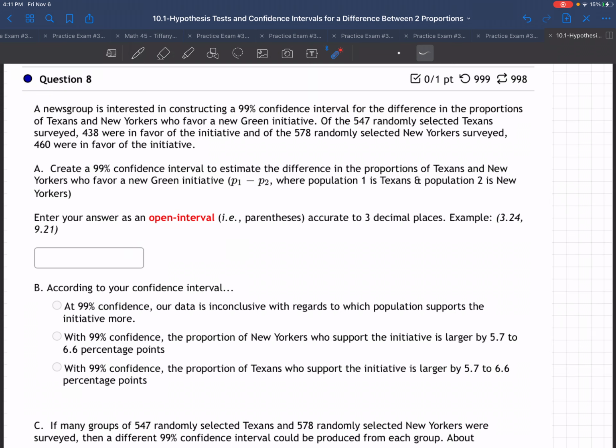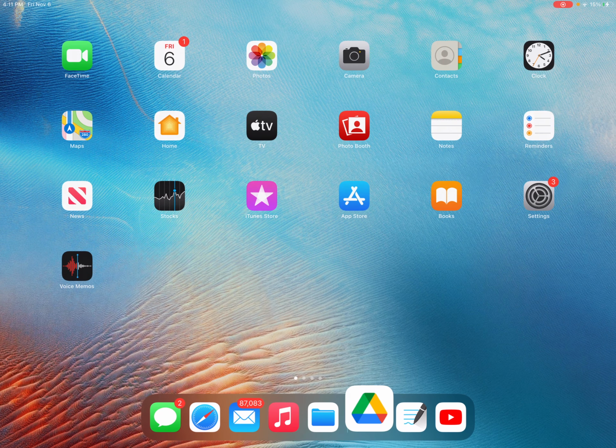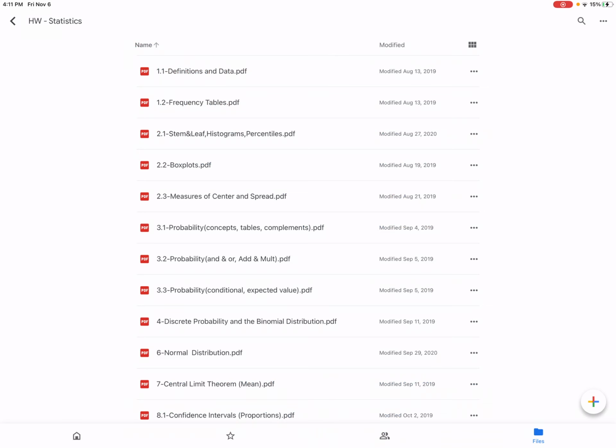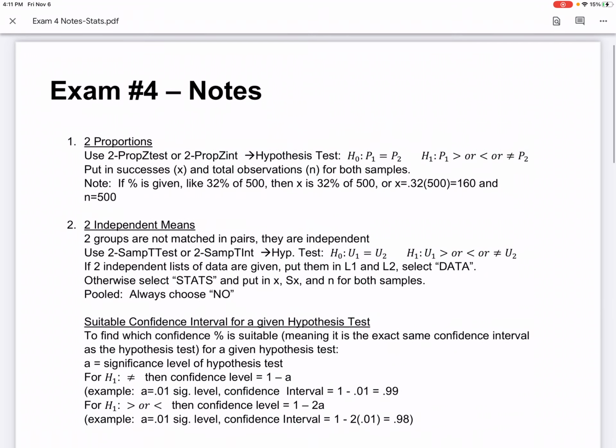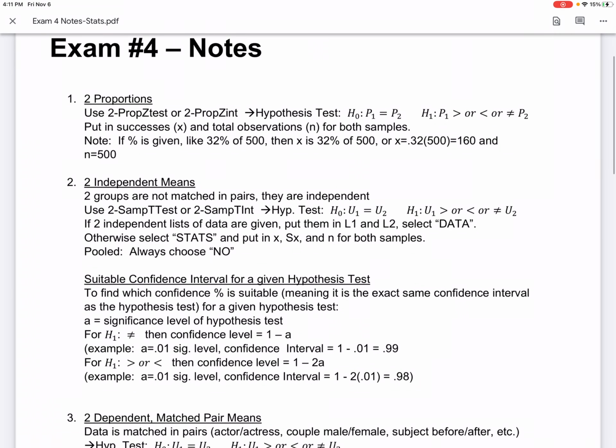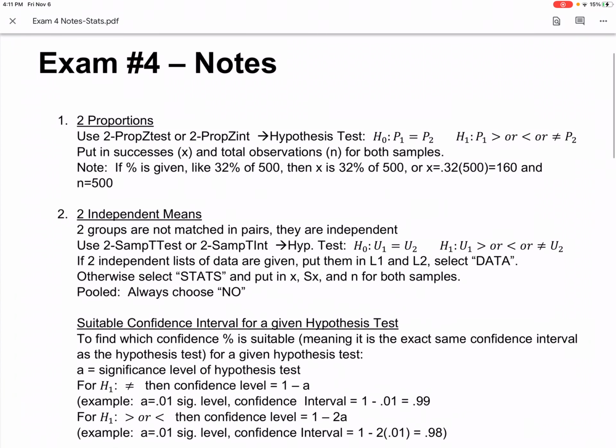Okay. So how are we going to do that? Well, let's go to the exam notes. Let me grab the exam notes for you. And it says right here. There we go.